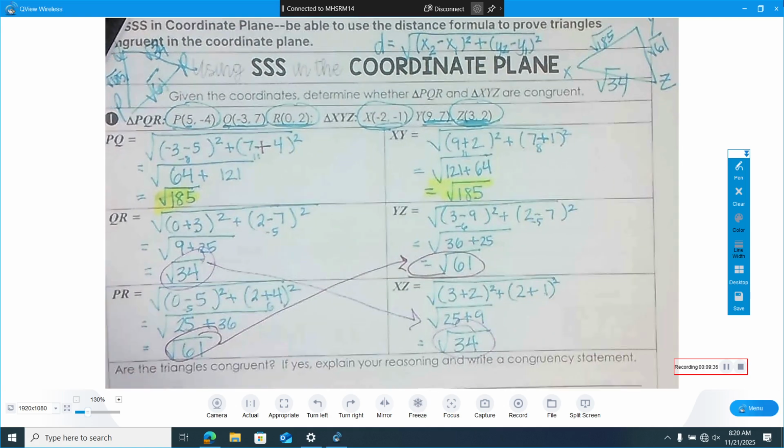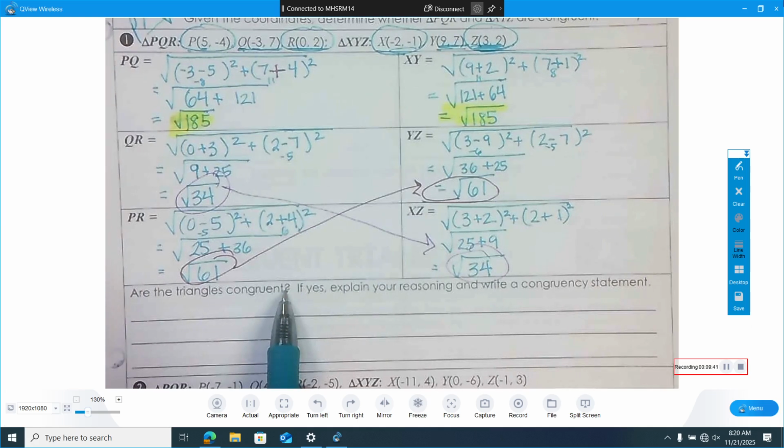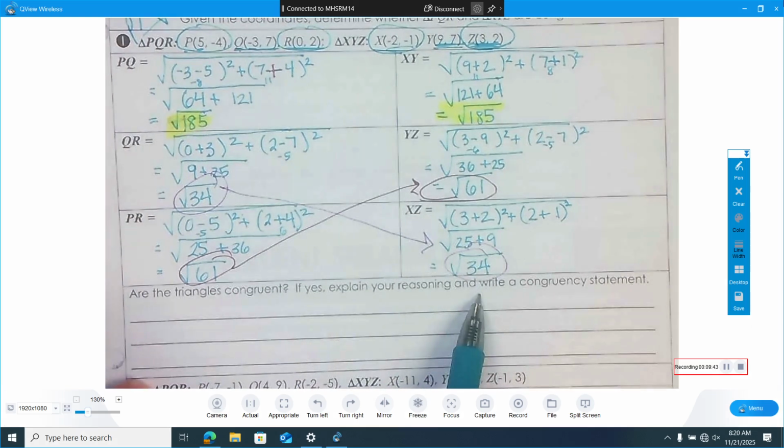So, are the triangles congruent? Yes. Explain your reasoning and write a congruency statement.